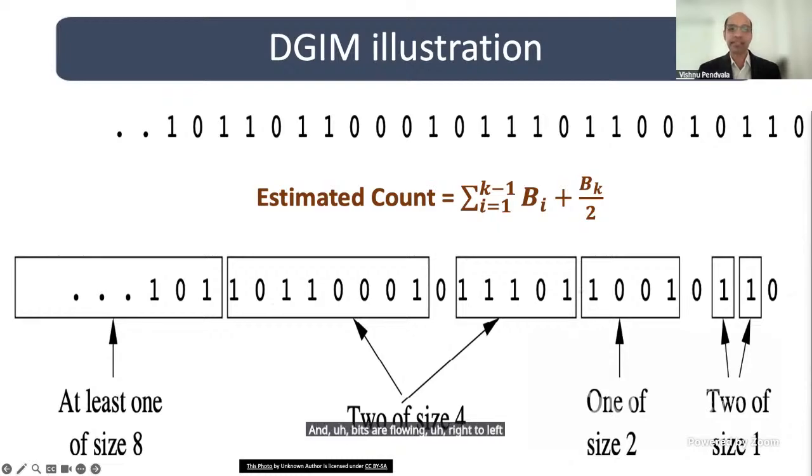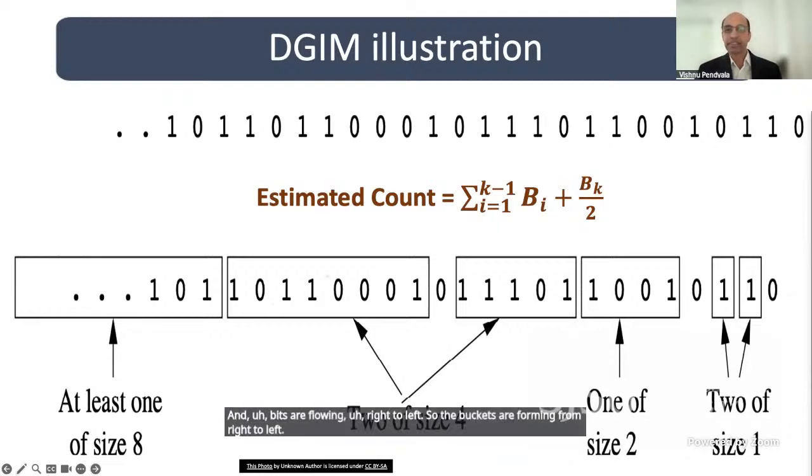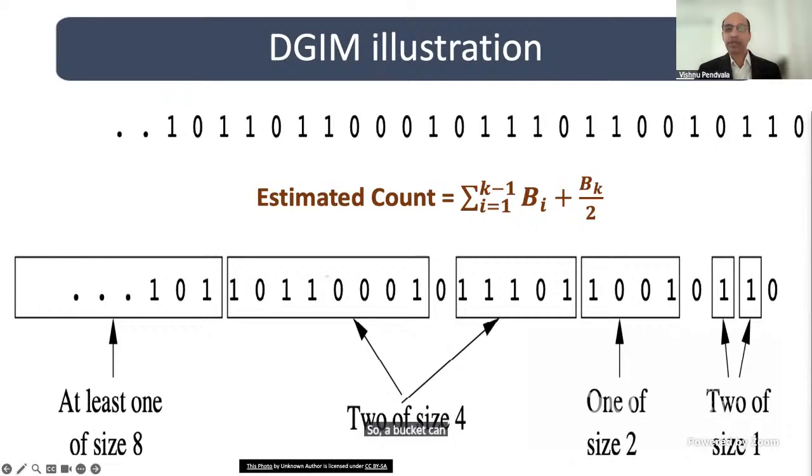So the buckets are forming from right to left. So a bucket can be thought of as a record. What does a record comprise? It comprises two things. One is the timestamp of its end. So this timestamp at the end. And then the second thing is the number of ones between its beginning and the end.